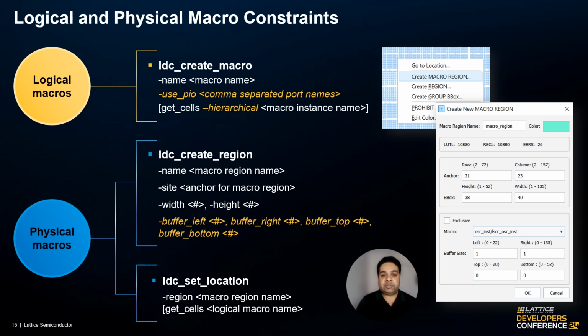This command is used to create a macro region. In this command, you need to specify the region name, the anchor site for the region, and the dimensions such as height and width, along with the buffer sizes for creating a macro.